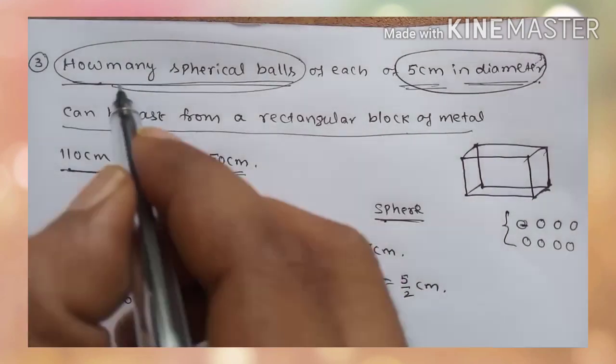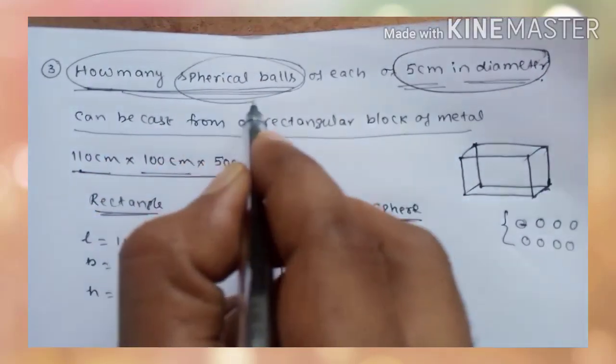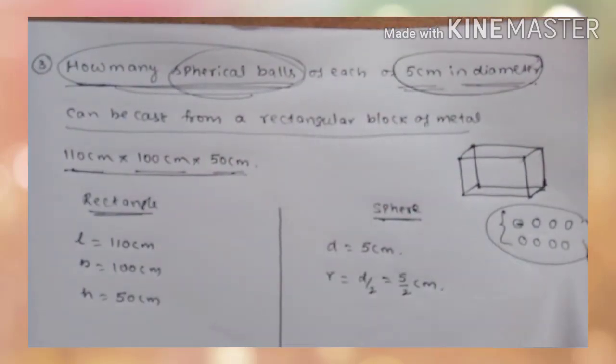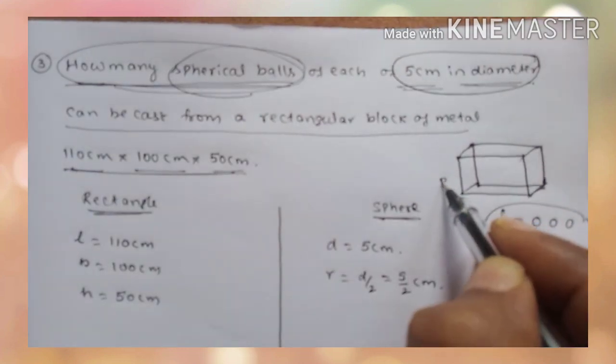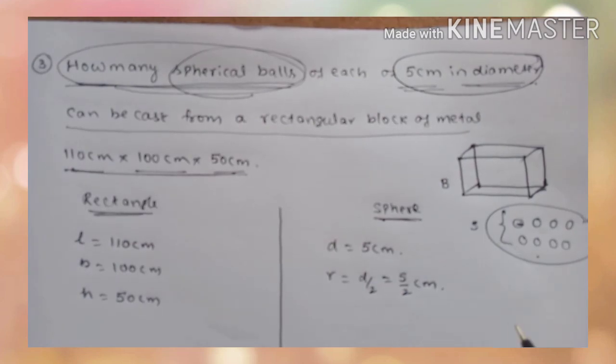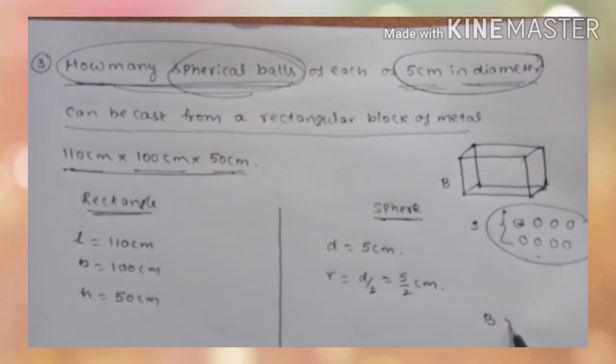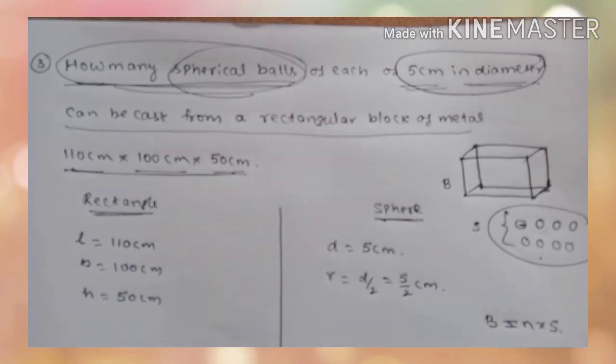In the given question, how many spherical balls are required means you have to consider these as the smaller object. This is the bigger object. Our relation is bigger object volume is equal to n into smaller object volume.